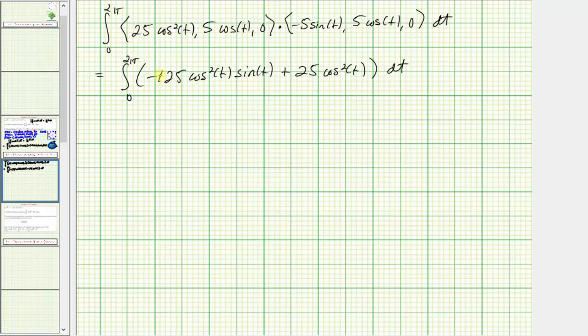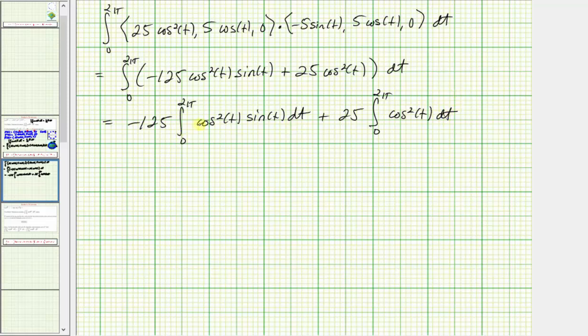Now from here, I think it's best to write this as two separate integrals. Let's write this as negative 125 times the integral from 0 to 2 pi of cosine squared t sine t dt, and then plus 25 times the integral from 0 to 2 pi of cosine squared t dt.